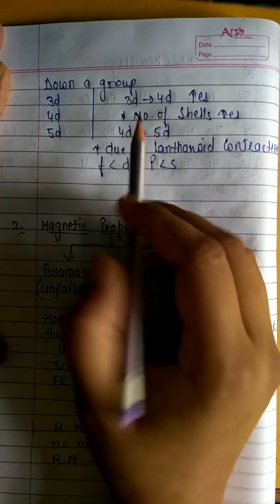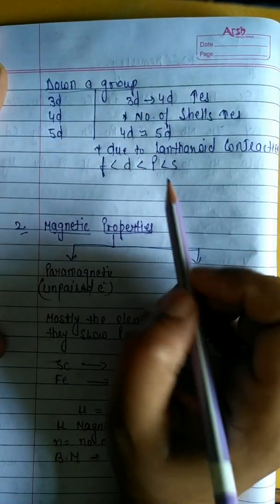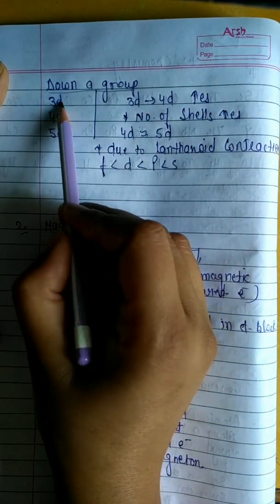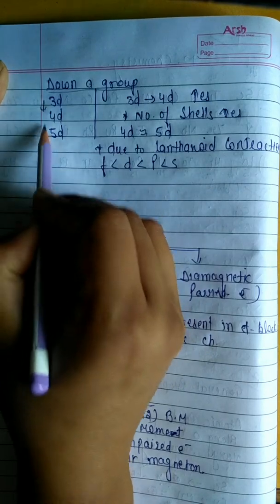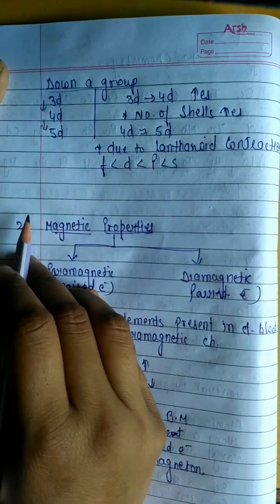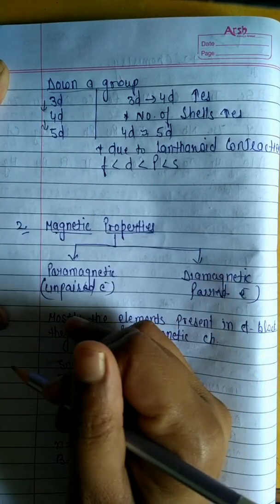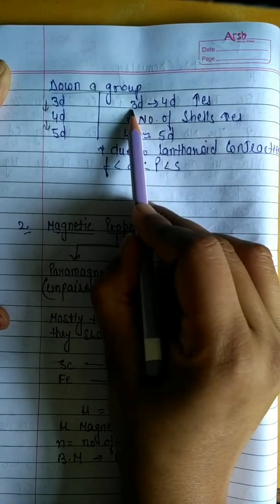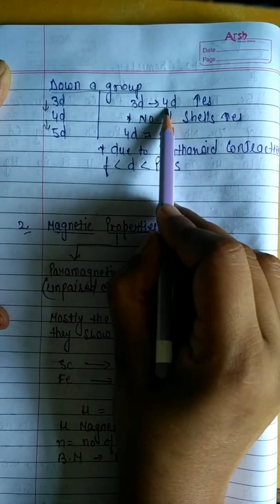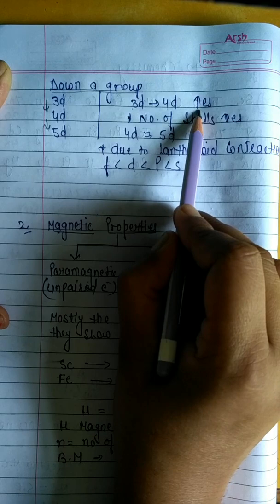Next, we discuss the atomic radius down the group. Down the group, we move from 3d to 4d and 4d to 5d. Now, what is the variation? When we move from 3d to 4d, the atomic radius increases, because the number of shells increases.